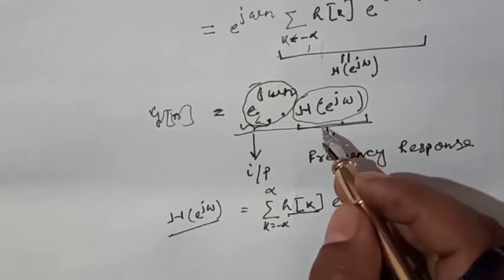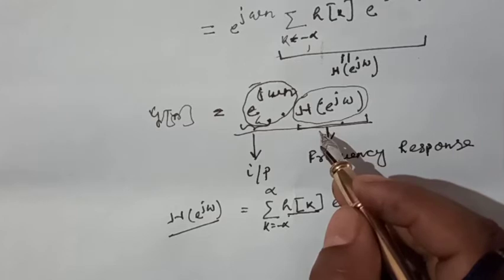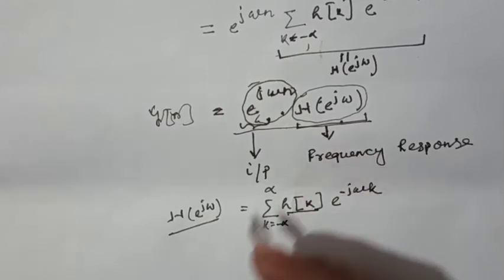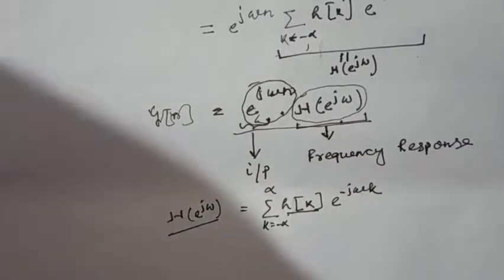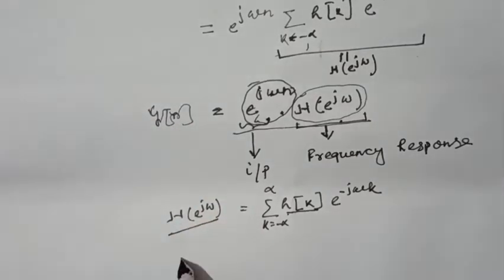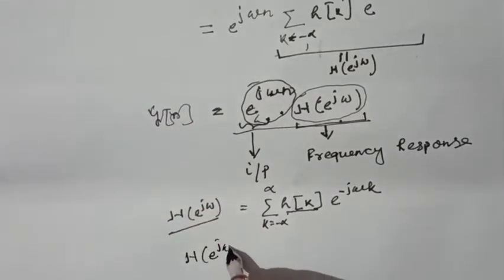Now, since the frequency response H of e to the power j omega is a complex valued function, it can be expressed in polar form, something like this. We already discussed this in the DTFT.